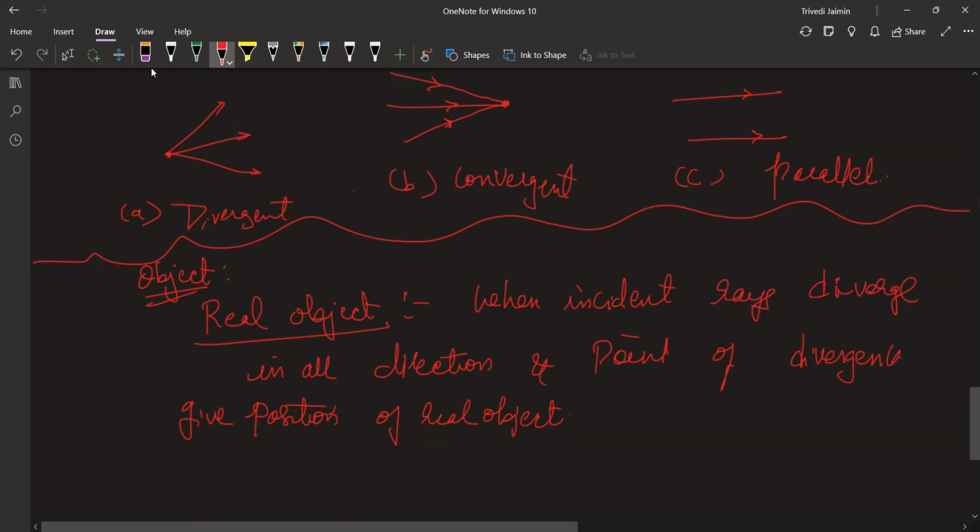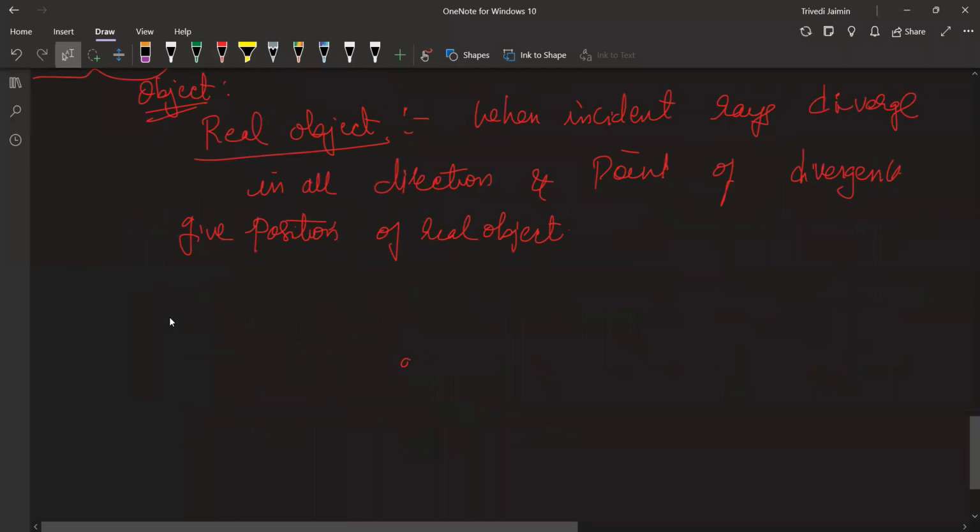In short, if I'm drawing an object here, when light rays diverge or move away, that point shows this is the real object. Moving away means reflecting back. So that is called a real object.